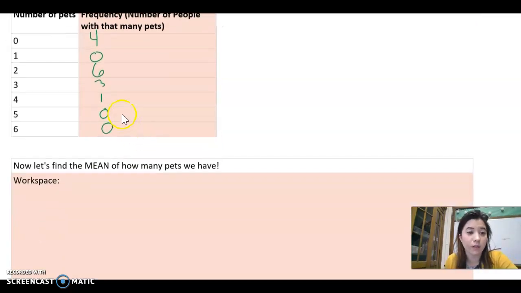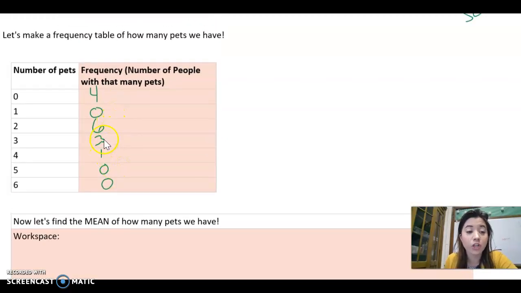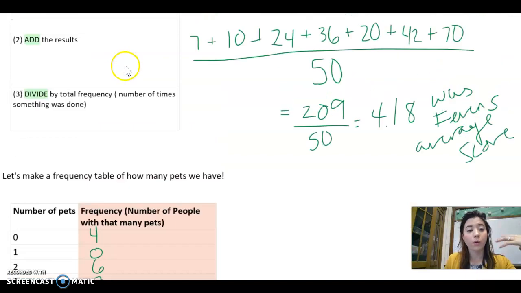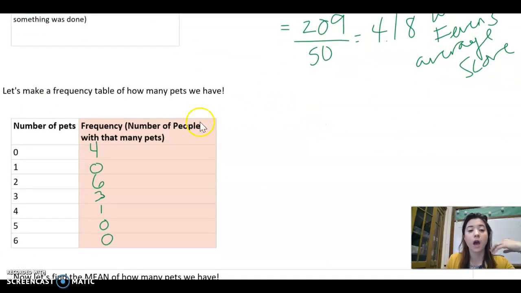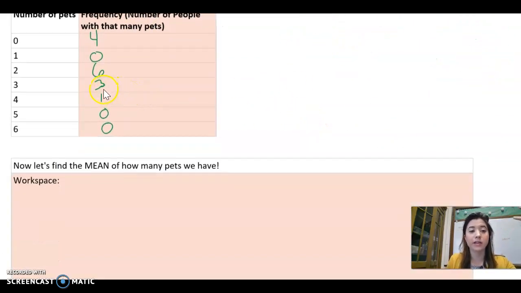Let's say that's what we came up with in class. So now find the mean, the average number of pets that a person would have in our class. So we're going to do the same thing. Multiply our number times our frequency, add them all up, and then divide by our total frequency.